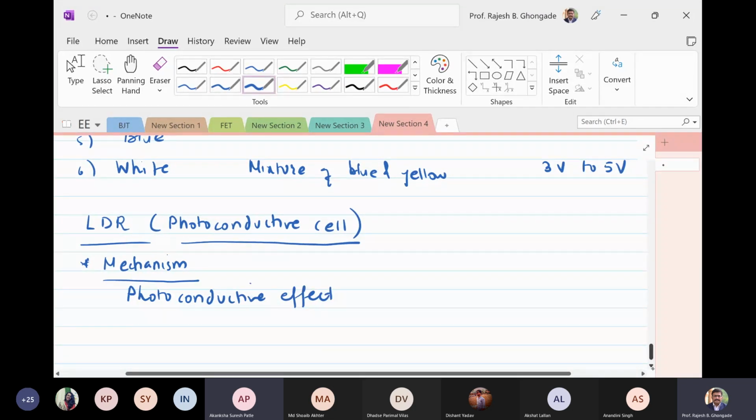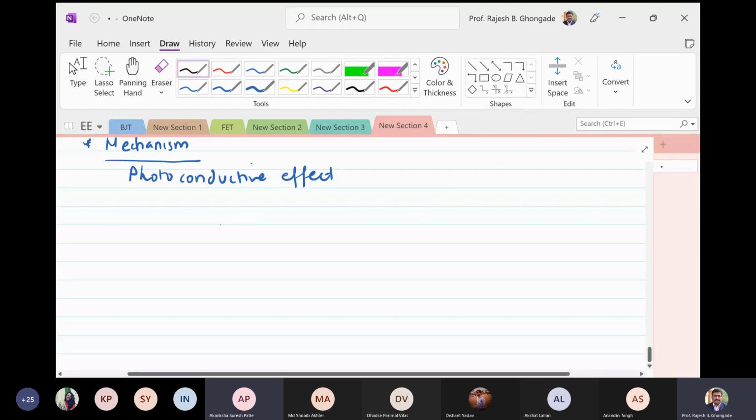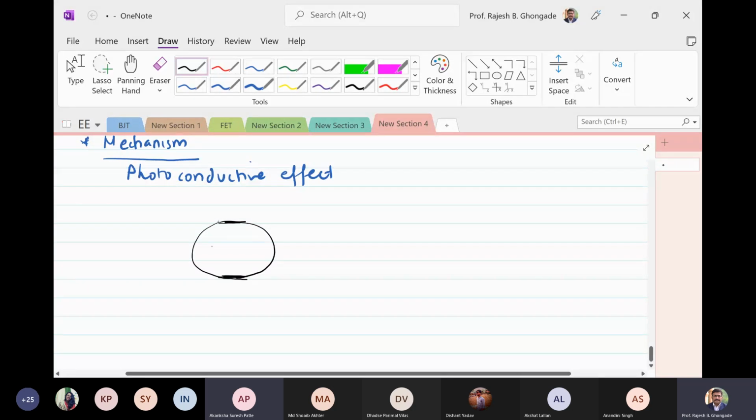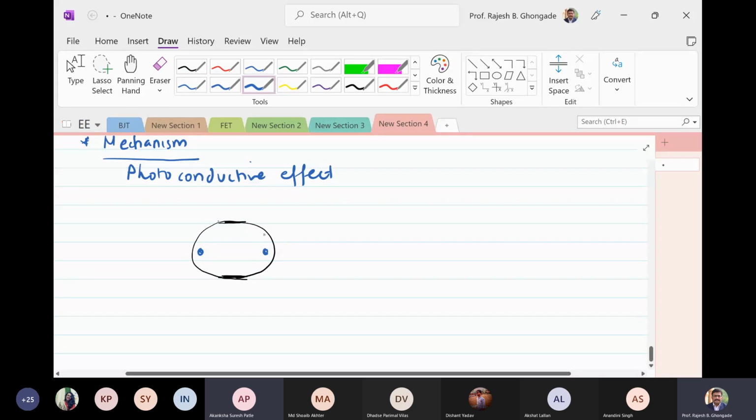If you look at the construction, you have a flat structure here. You have these terminals. This entire thing is a conductor or conducting material.